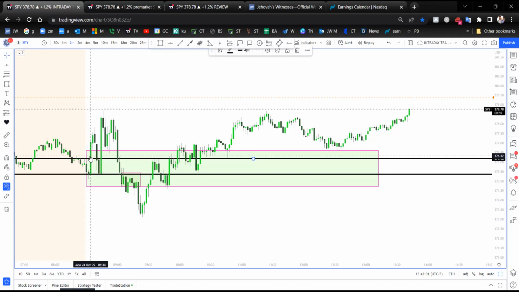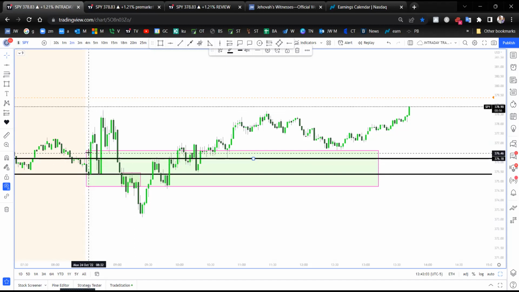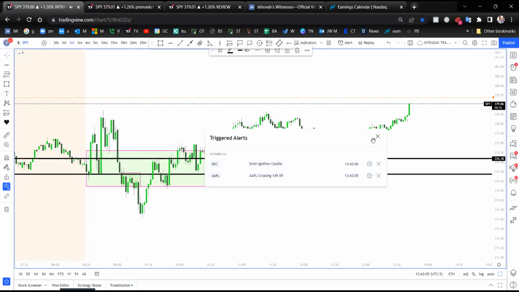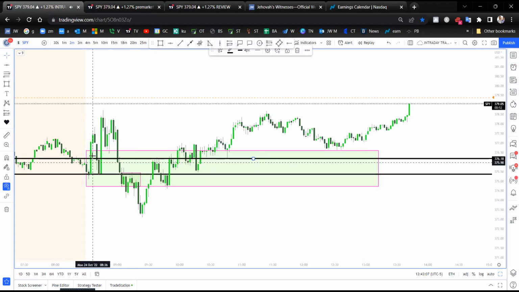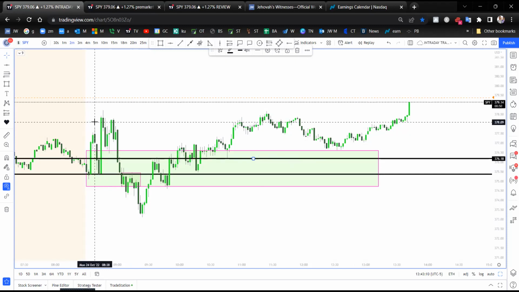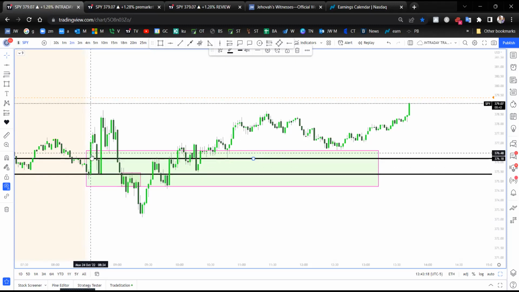You take a 2-minute candle, and if you go above it, you're playing calls or long. If it goes below it, you're shorting and buying puts. But with that said, you would have got stopped out to the bottom side. But if you'd have got right back in there and played to the upside, you could have quickly got that stop back. A nice little $1.50 push there. So the opening range break, 50 cents to $1.